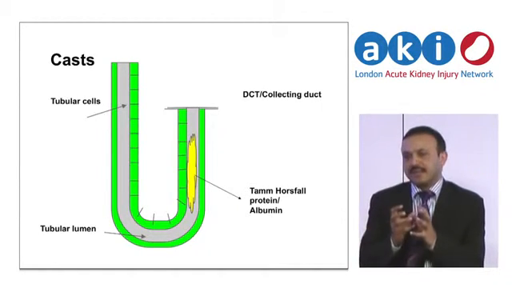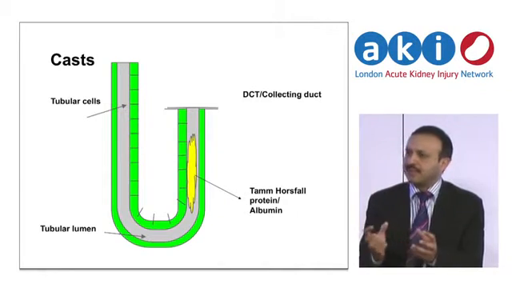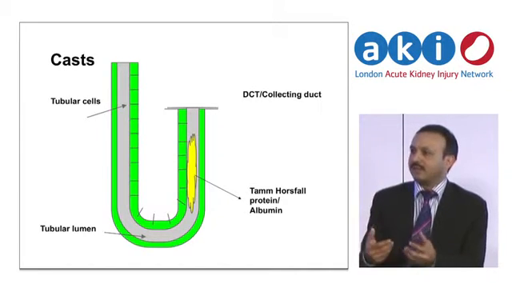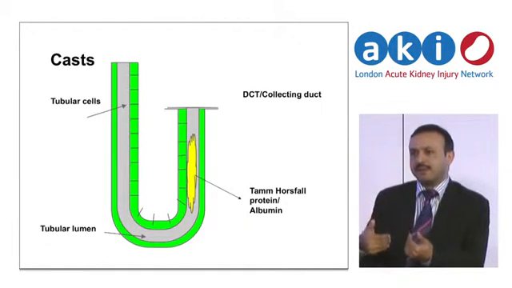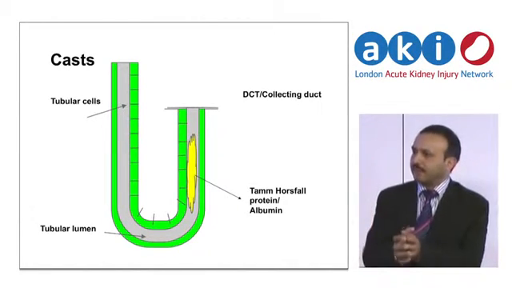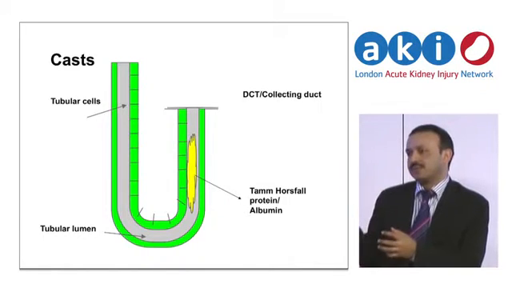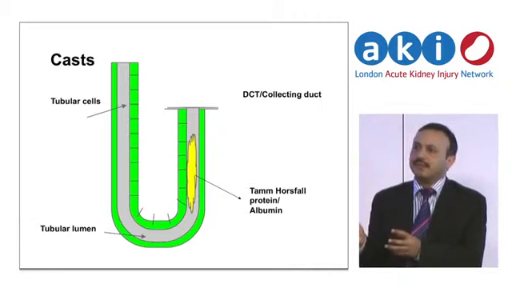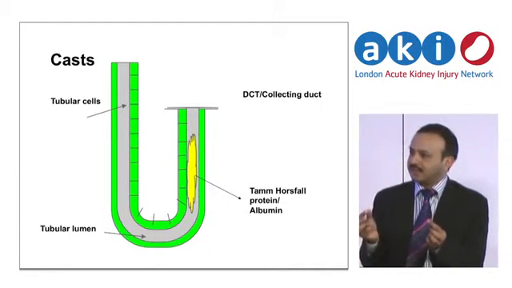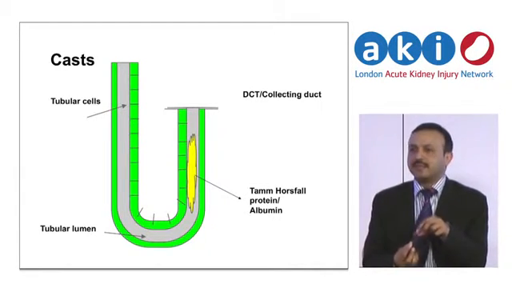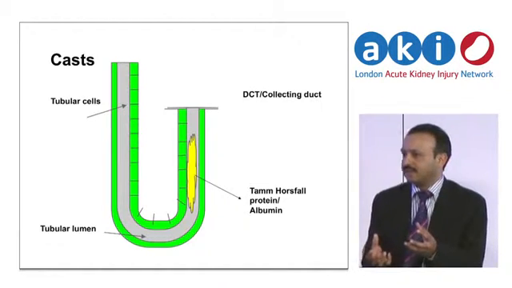And what happens is, as the proteins precipitate, predominantly the proteins which are already available on the tubular epithelial cells, these are glycoproteins which are available on the surface of tubular epithelial cells, they'll compact into structures which will take the shape of the tubules. It usually happens in the distal tubule or in the collecting duct, and these take cylindrical shapes of the cavity of the tubule itself, and that's what the cast is.